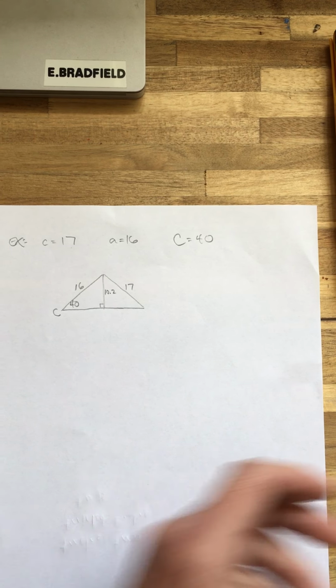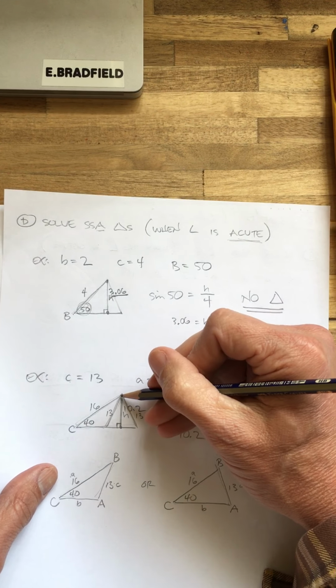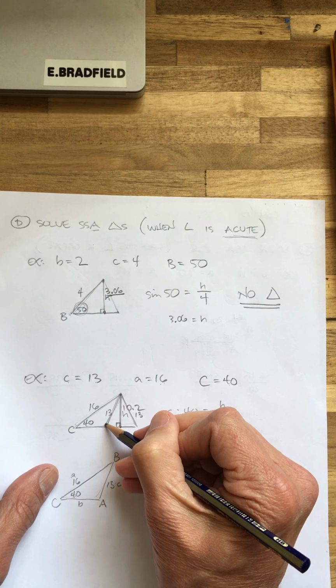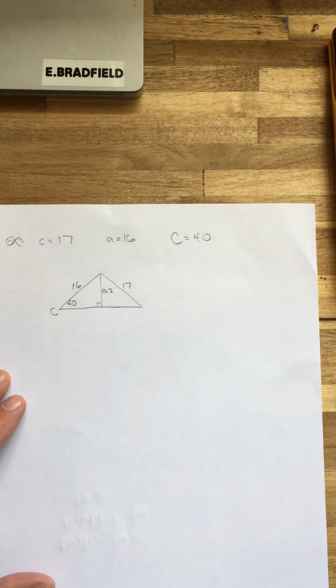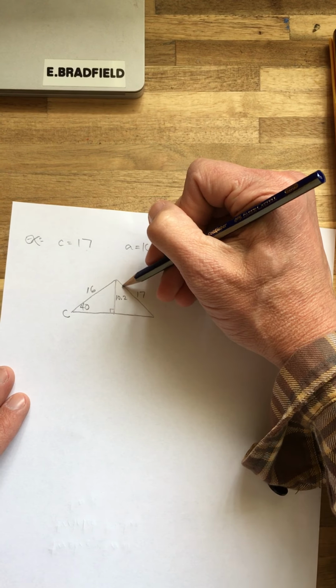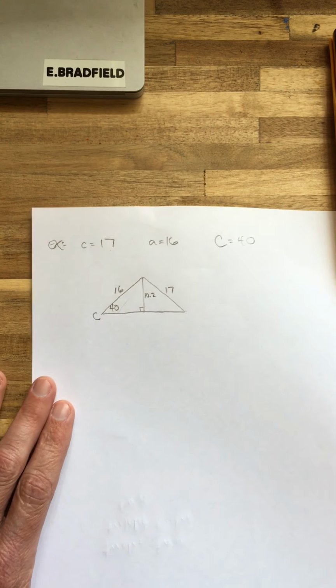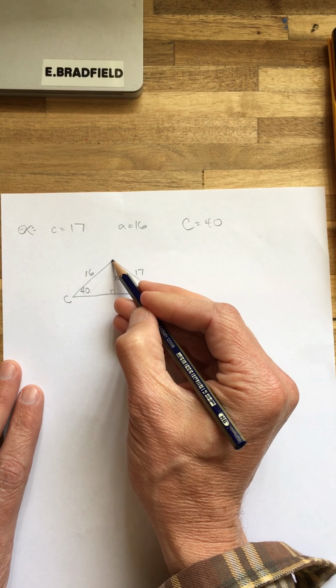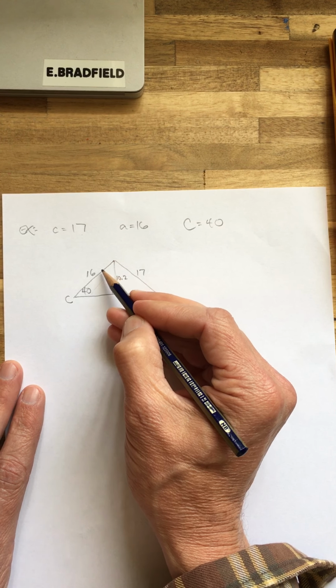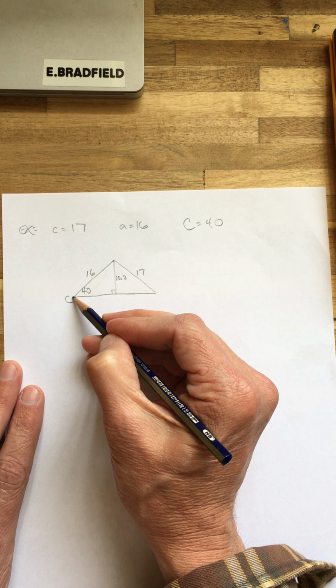Now remember this case when I was able to draw it this way but also this way? Can I draw it this way? Yes, 17. Can I draw it this way? No. Why not? Well, here's the deal. What's the distance from here all the way to here? That's 16, isn't it?